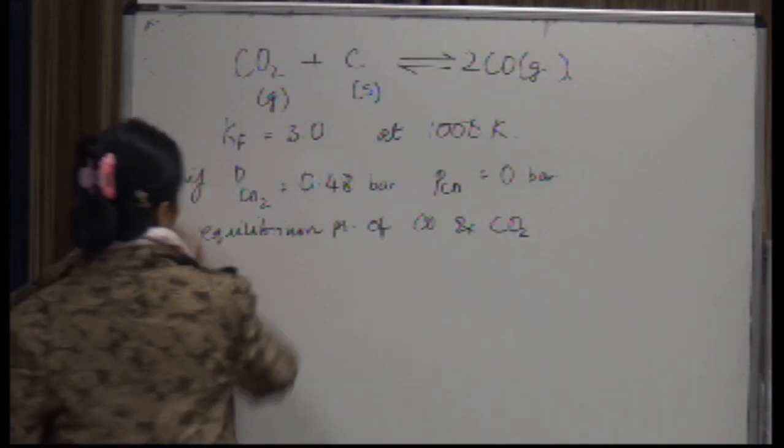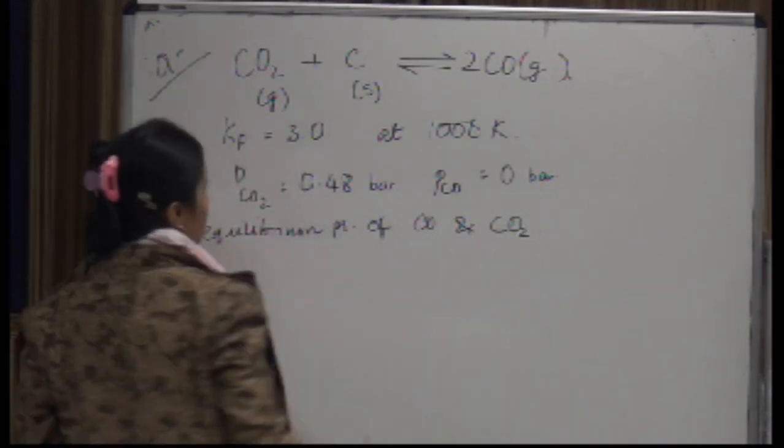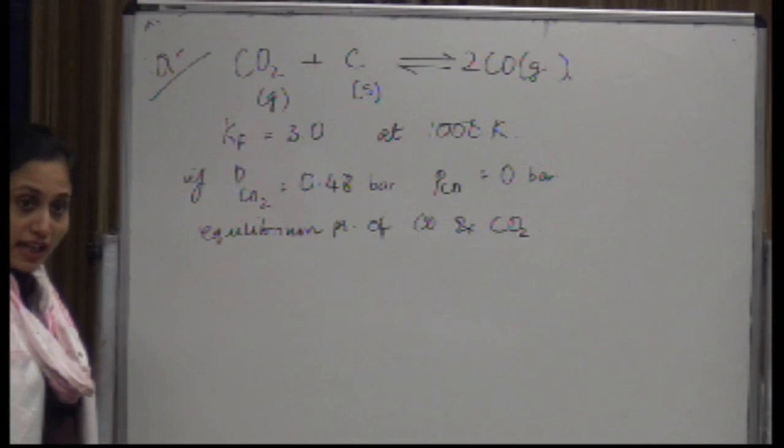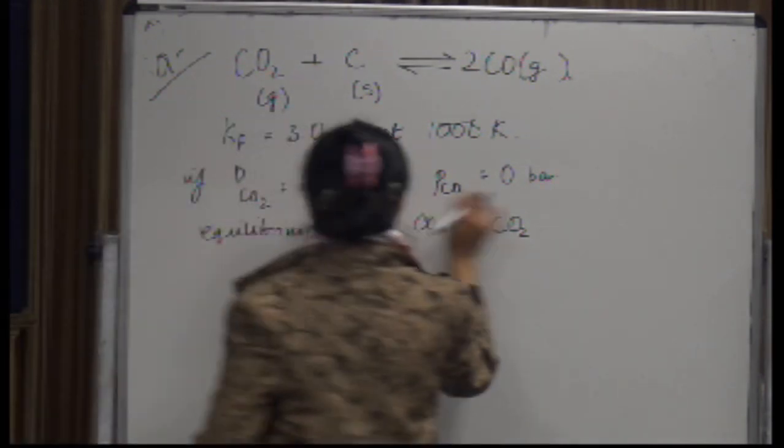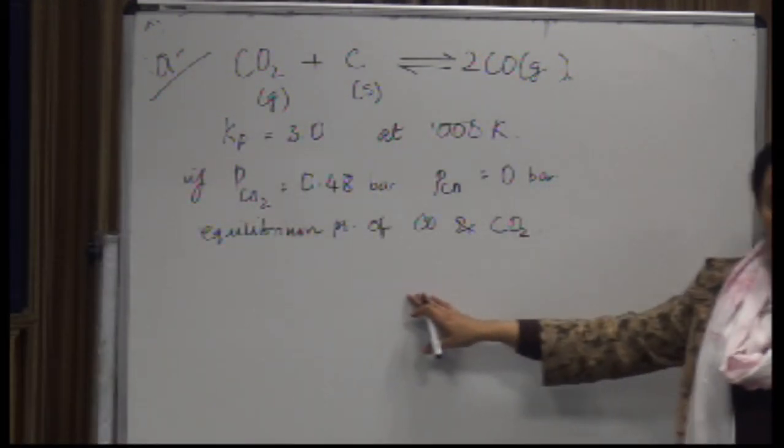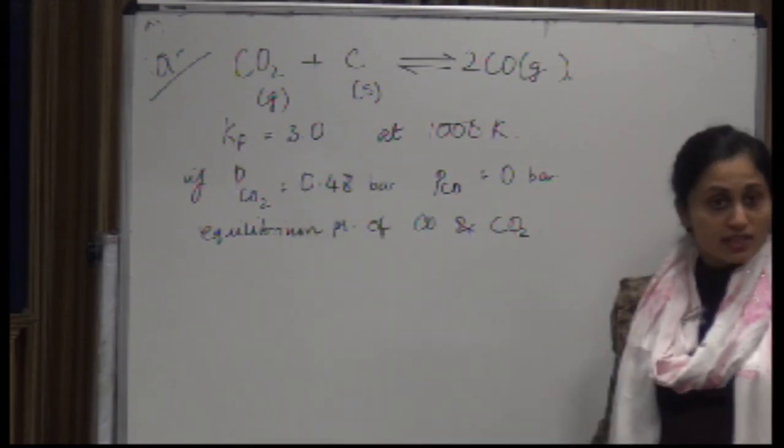Remember again, now you will have to use the same funda that I explained. You will have to use the mole concept again here because you are given the initial pressures, you have to calculate the equilibrium pressure. Kp value is given to you.